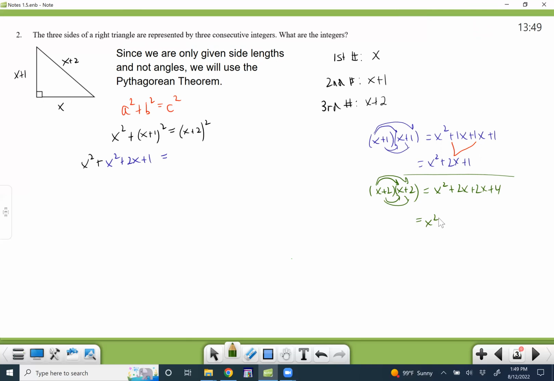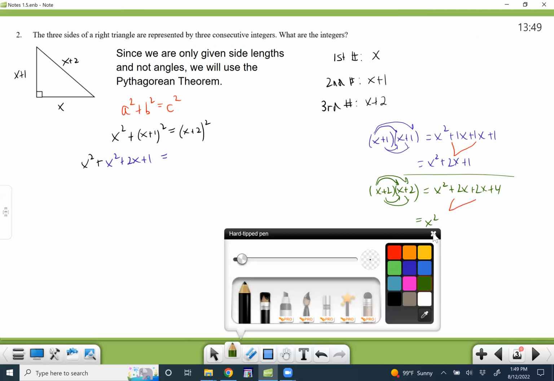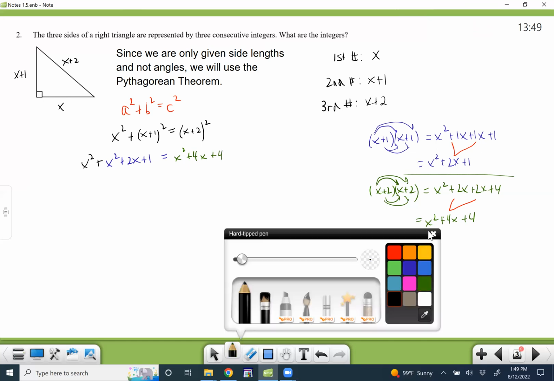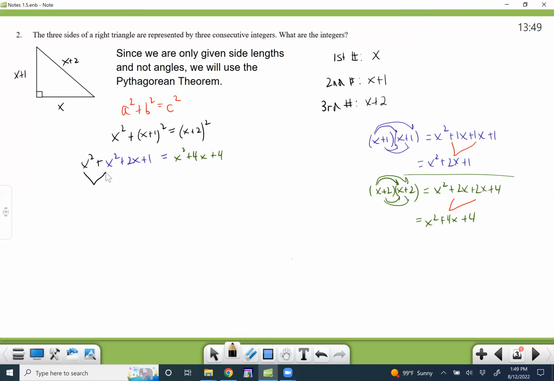And these middle two terms, this 2X and this 2X, they're going to add up to 4X. So that's what we'll insert on the right-hand side. I'm starting to feel like we might have done it right, because I'm getting that quadratic equation. I'm getting an X to the second. So this looks pretty good. All right, so if we combine this X squared plus X squared, that's going to be 2X squared.